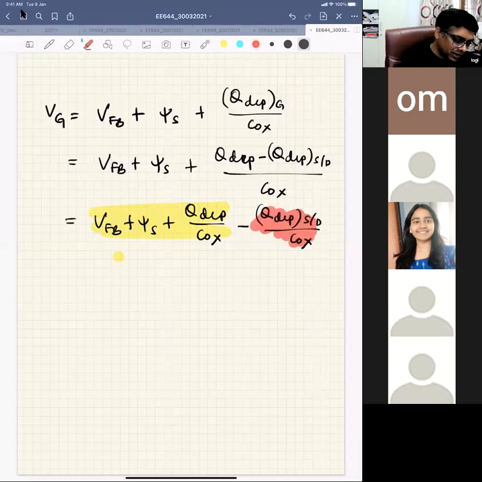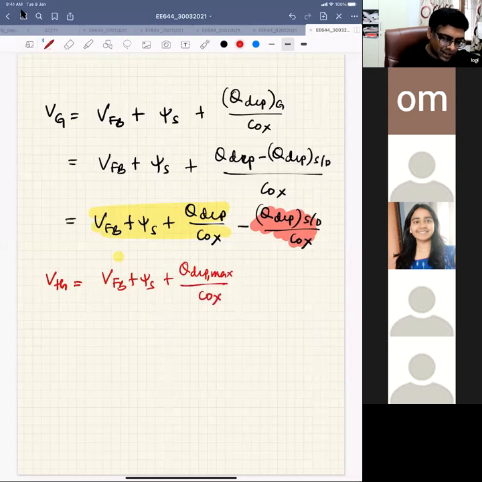Now I could write your actual threshold voltage as VFB plus psi s plus Q depth max by Cox minus the portion already there because of source and drain, divided by Cox, right?